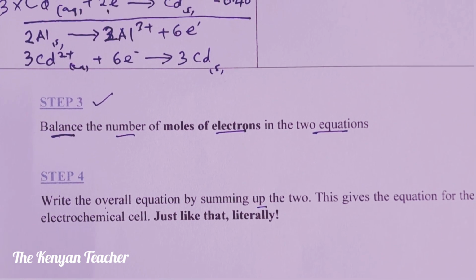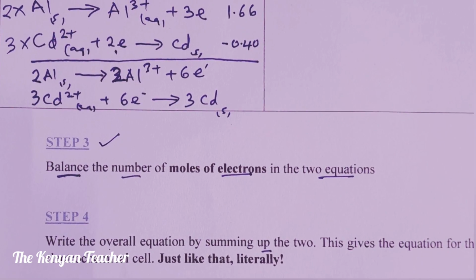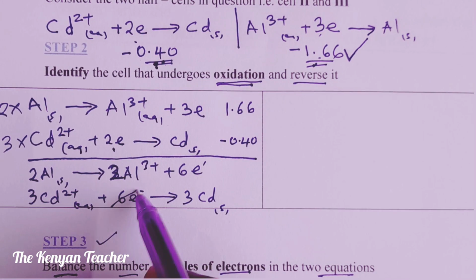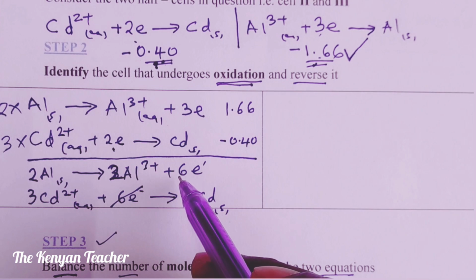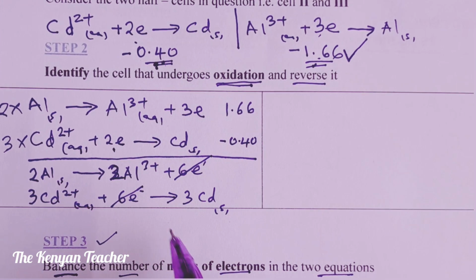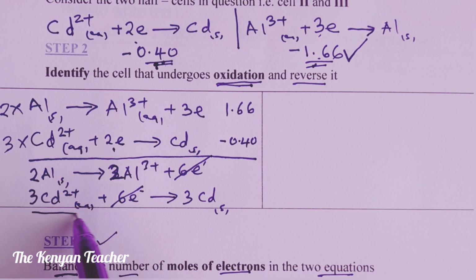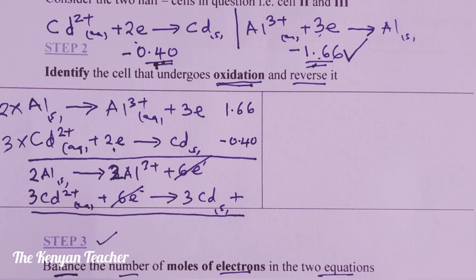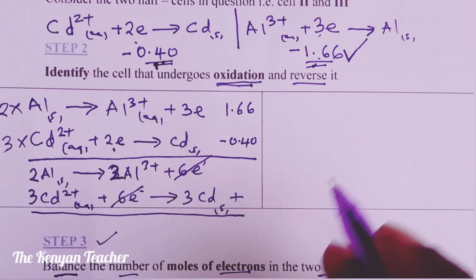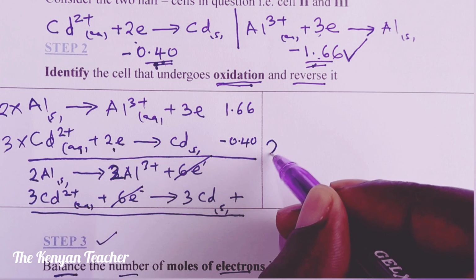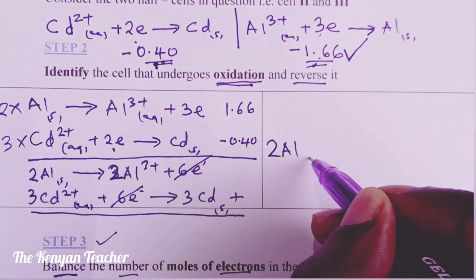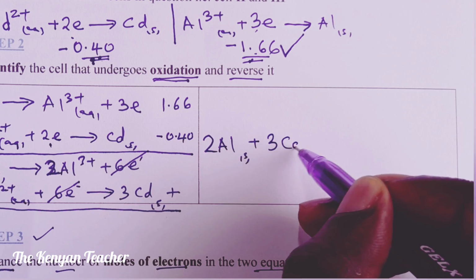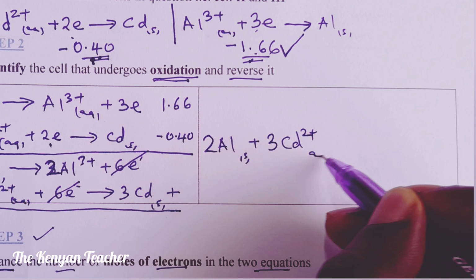But before we do so, we now have to cancel out the electrons. So the 6 moles of electrons here will cancel out the 6 moles of electrons on the other side. And now the final thing that we do is to sum the two equations up. And therefore, on the left hand side, I will have 2 moles of aluminium solid reacting with 3 moles of cadmium ions, aqueous.